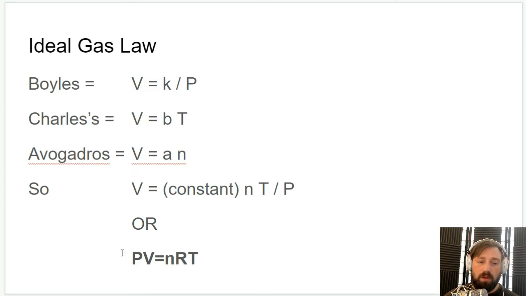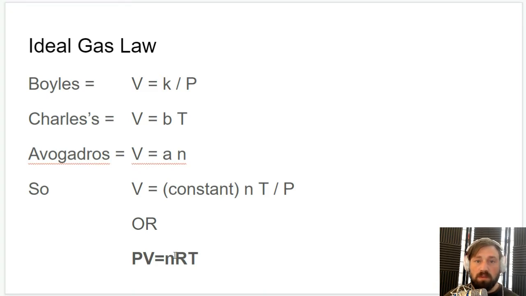For example, volume: if the container that the gas is in is something elastic like a balloon, then the volume is going to be allowed to change. If it's something rigid, that means it's going to be unable to change. You're not going to change the volume of it.